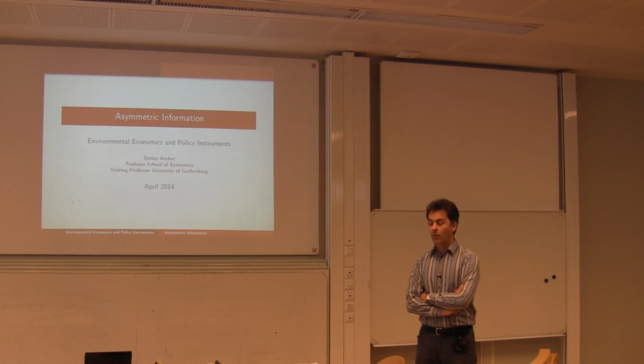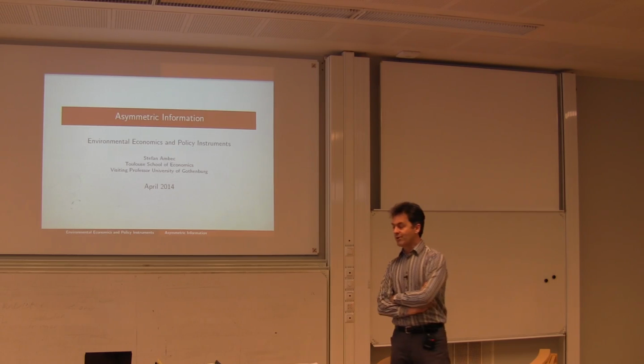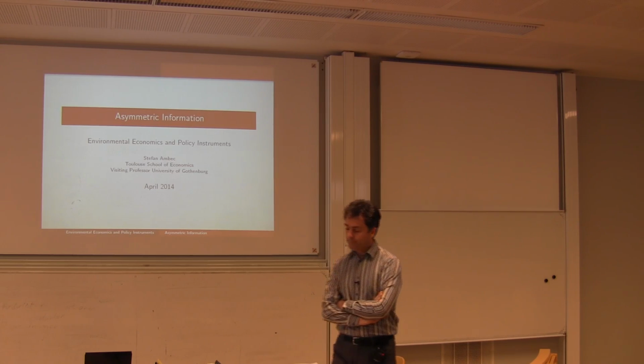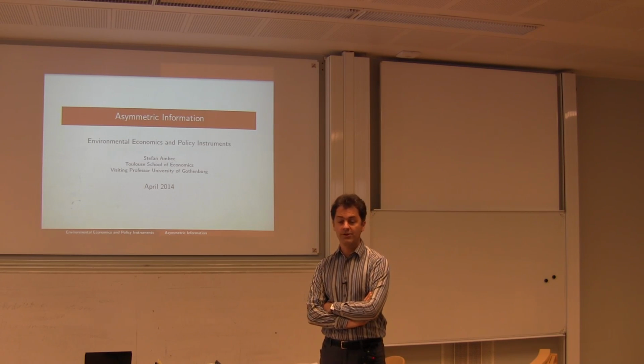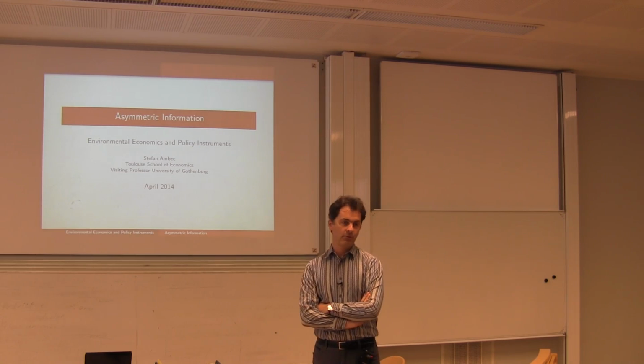So in order to address this problem, we need to have some model. So we will deal with a model of international pollution. And we will address the issue of cooperation and coordination of emissions. And we will use game theory, mostly cooperative game theory, to address this problem.